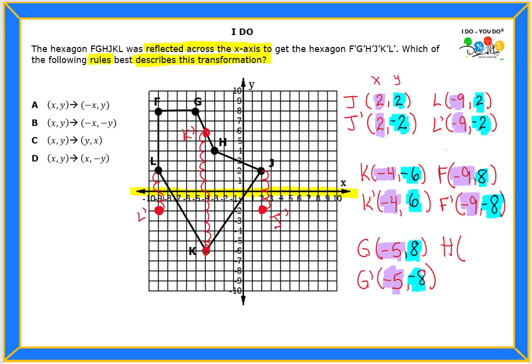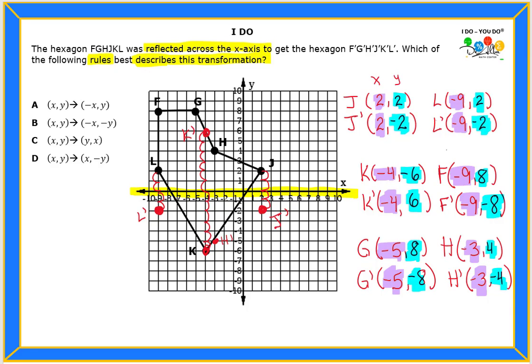My H is -3 and +4, and H prime will be equal to -3 and -4. Notice how my X stays the same and my Y coordinate changes to the opposite. So let's go ahead and finish the points. So H will be -3 and -4, which is right here.